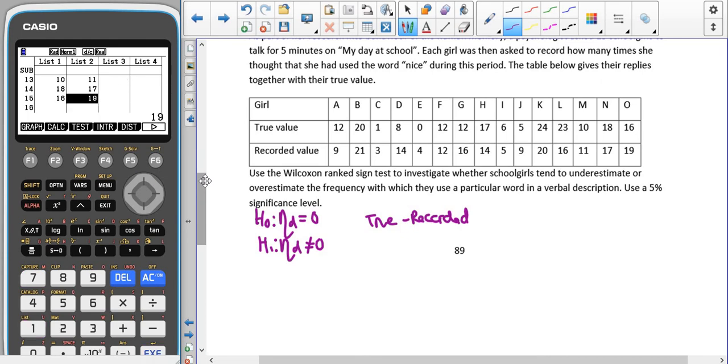Again, double check that you've typed everything in correctly, because we are going to be getting the differences from our calculator. Then at the top where it says list 3, we're doing list 1 minus list 2. There we go.